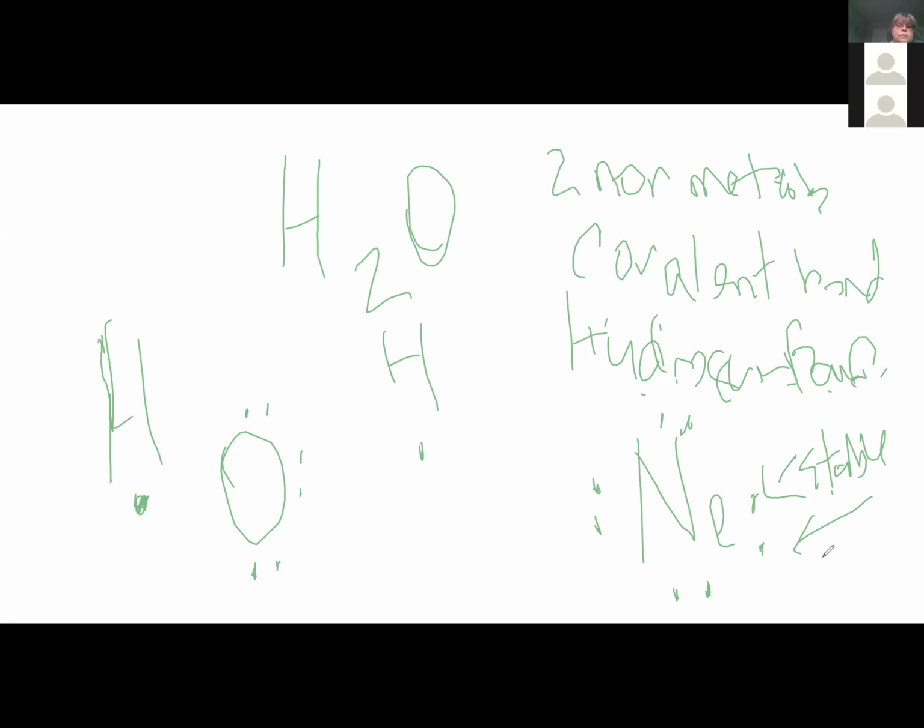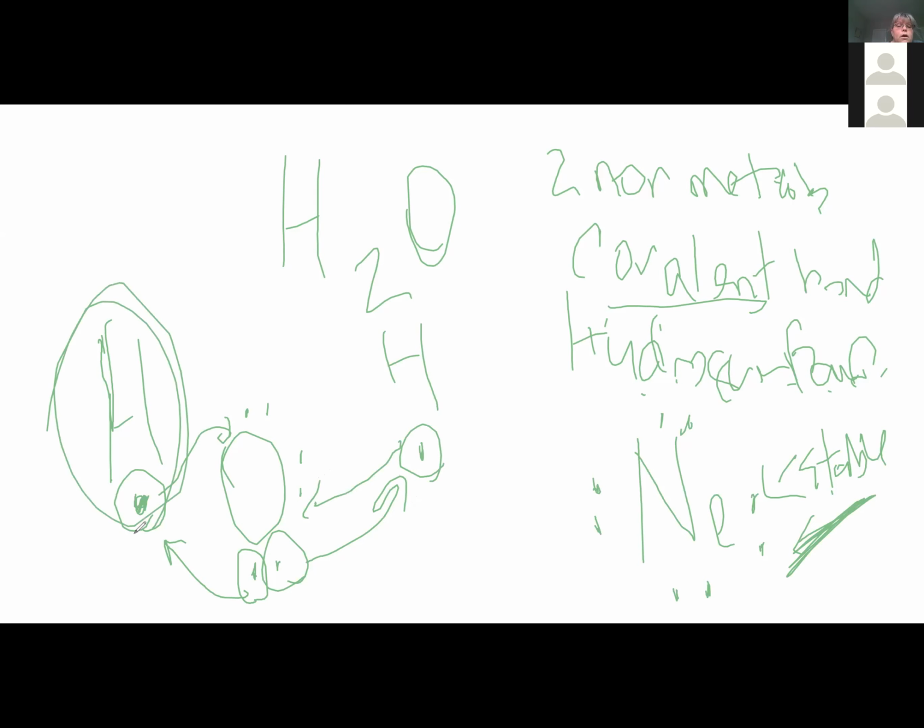So what happens is, because it's a covalent bond, it's going to share its electrons. So hydrogen needs one more. It's going to borrow one from oxygen. And because hydrogen over here is the same, it also is going to borrow one from oxygen. Now, oxygen only has 6, but it wants to have 8, like neon. So it's going to borrow hydrogen's electron, right?